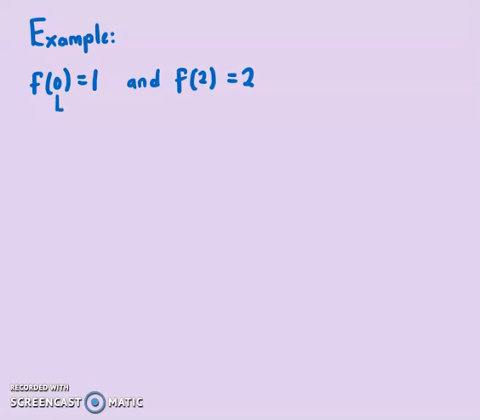This is our interval [0, 2]. So we have 2 points. Another way I can write this is (0, 1) and (2, 2). These are my data, my x and my y, right?